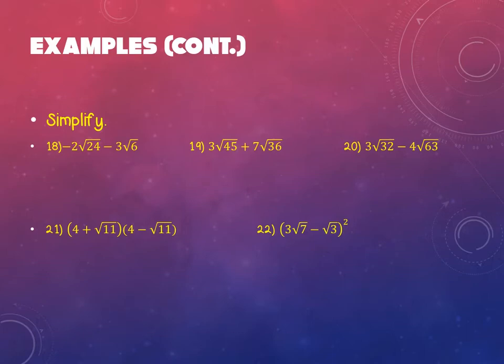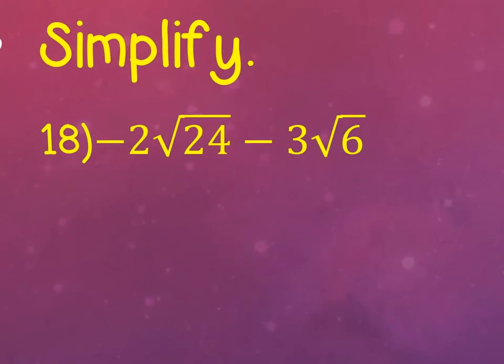All right, so speaking of simplifying and then combining, look at number 18. Negative 2 root 24 minus 3 root 6. So as they are, I cannot simplify them. I cannot combine these. But 24 breaks down into 2 and 12, 2 and 6, 2 and 3. 2 2's comes to the outside, gets multiplied by the negative 2 that's there, making that negative 4.